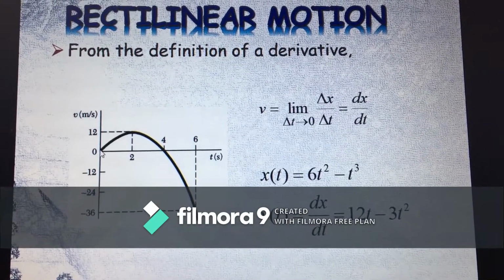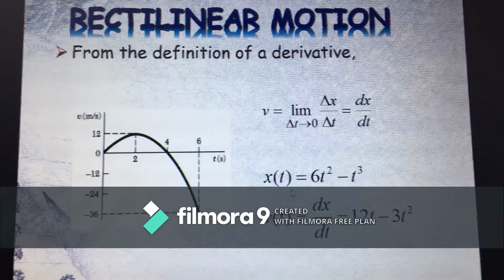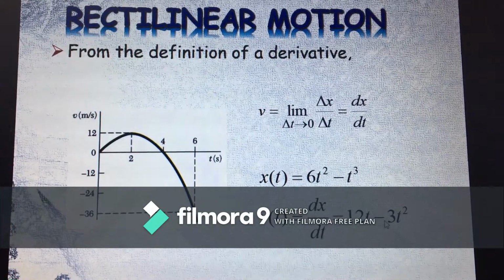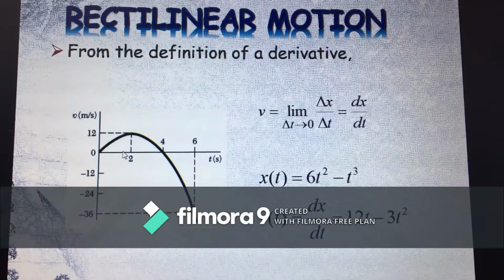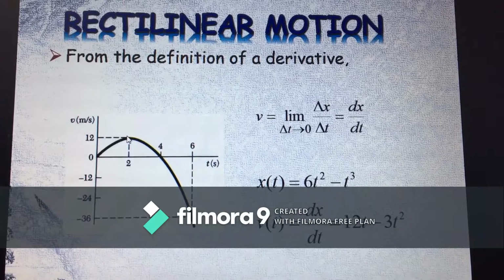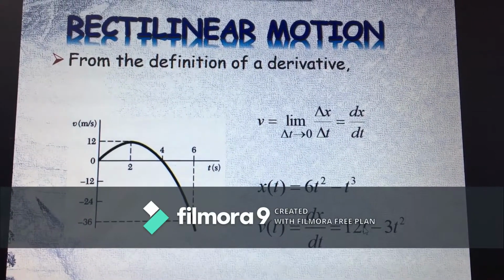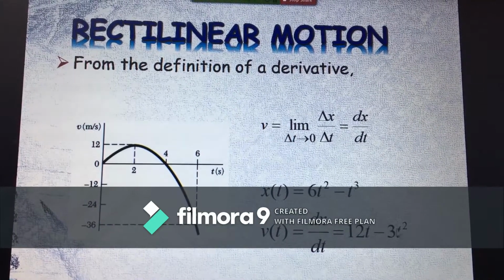When t is equal to 2 seconds, for example, substitute 2 in this equation. So 12 times 2 is 24, minus 3 times 2 squared, so we have 12. That's why we have 12 at this point. When t equal to 4, 12 times 4 is 48, minus 3 times 16, which is 48 also.